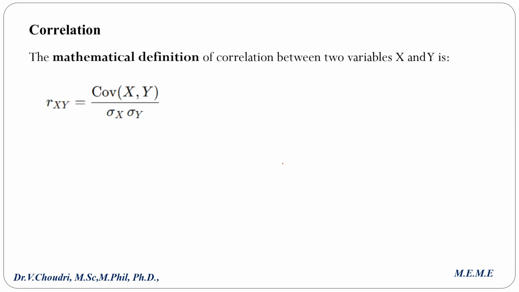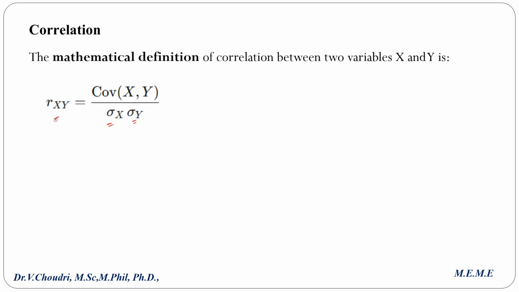Correlation between these two random variables x and y is found by taking the covariance of x and y divided by the individual standard deviations. So it is the ratio between covariance of x and y and the product of the standard deviations of x and y. So Rxy equal to covariance of x comma y divided by sigma x into sigma y.